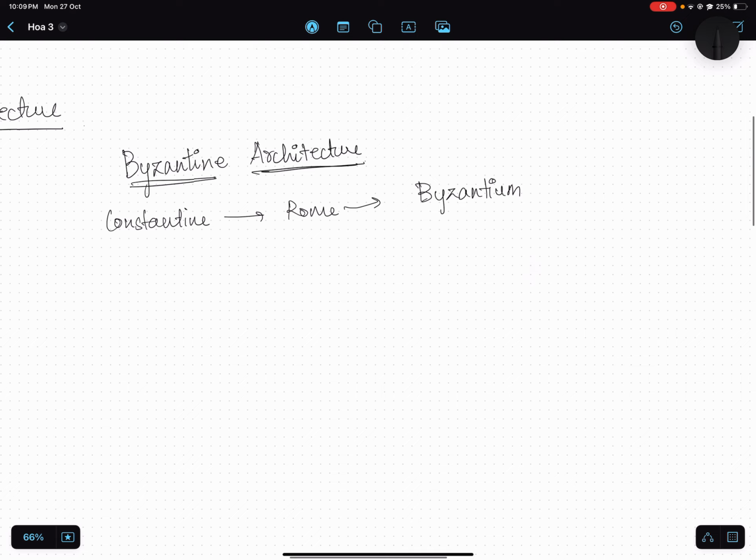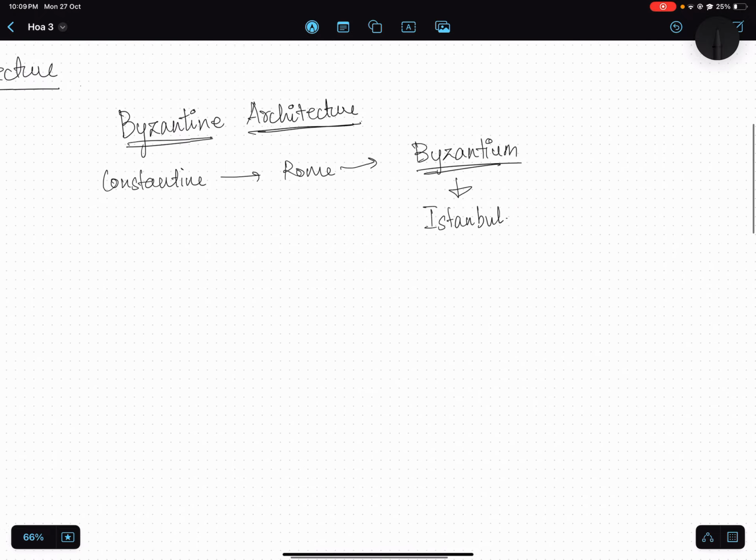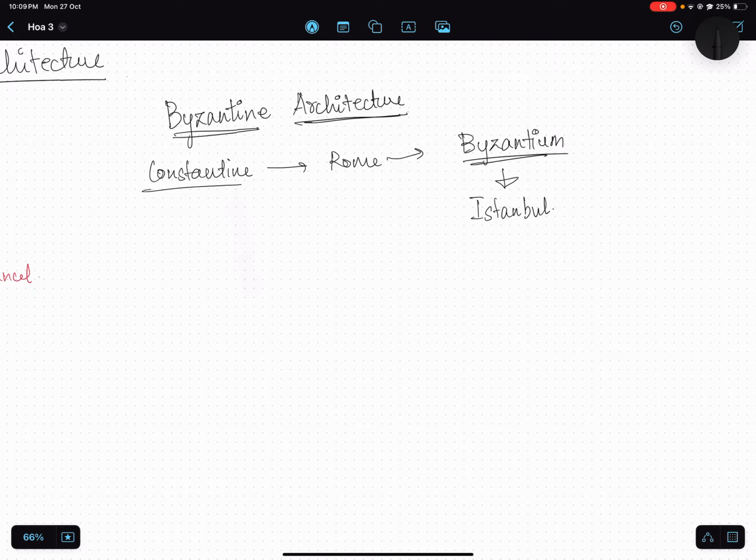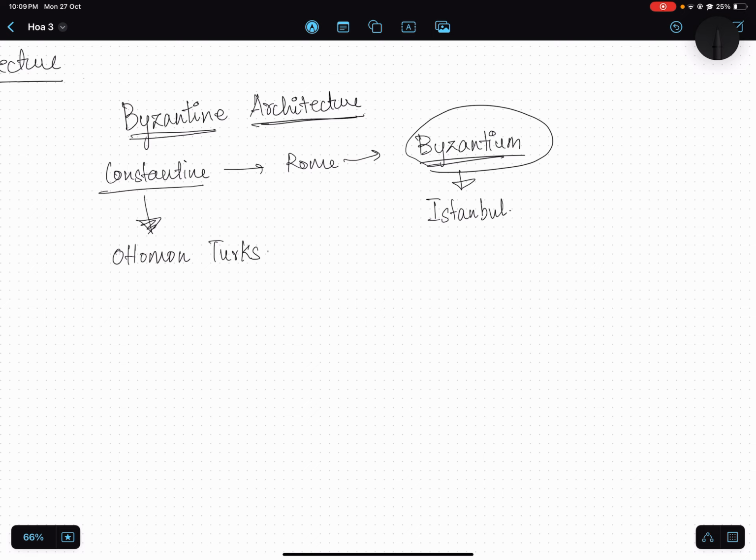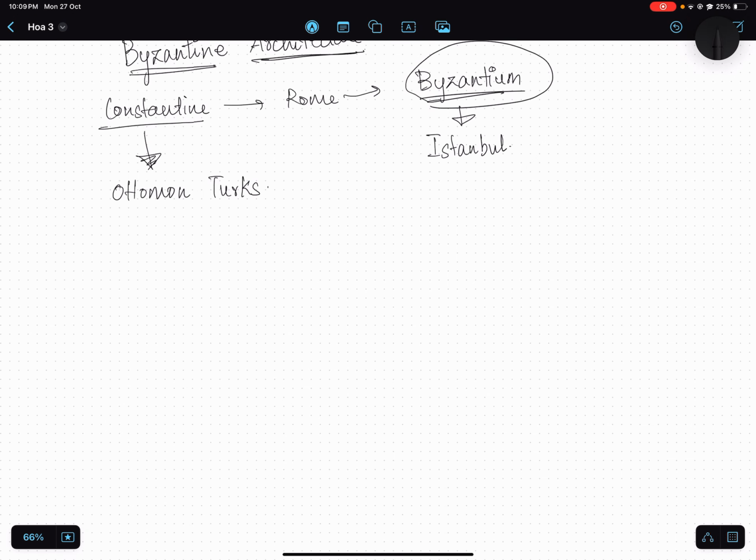But this Byzantium is our present day Istanbul, and later it was conquered by Ottoman Turks, and that led to having a lot of Islamic influence on it. But early Byzantine had a lot of influence from the Roman era.